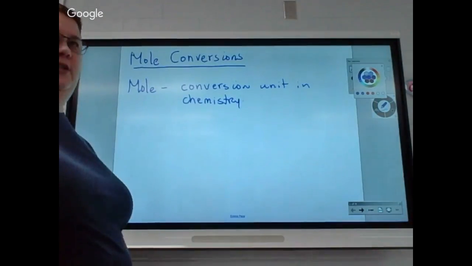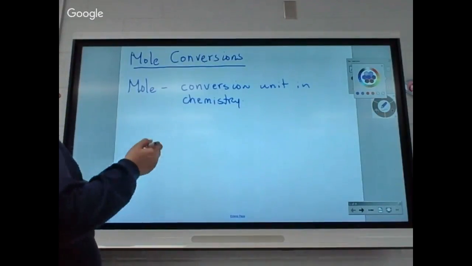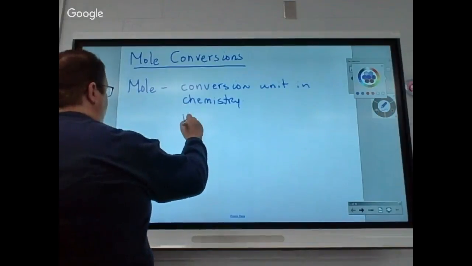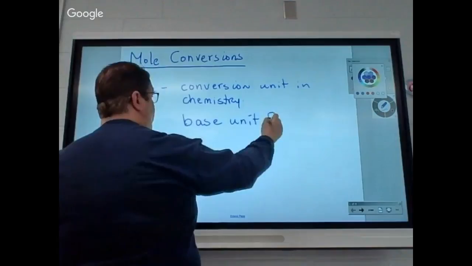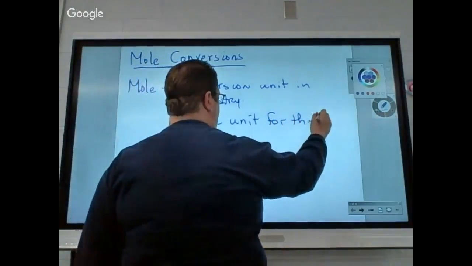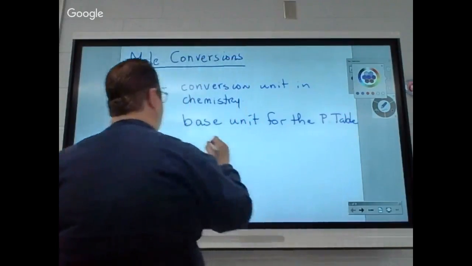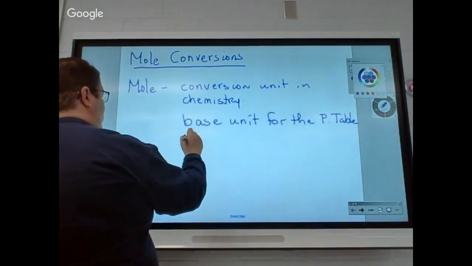It's not just some catchy little thing I have in the room. It's essentially the base unit for the periodic table. Now, the element that's the base unit is carbon.